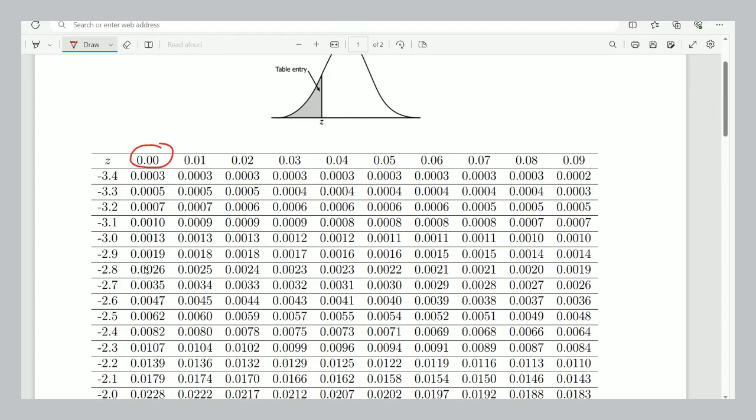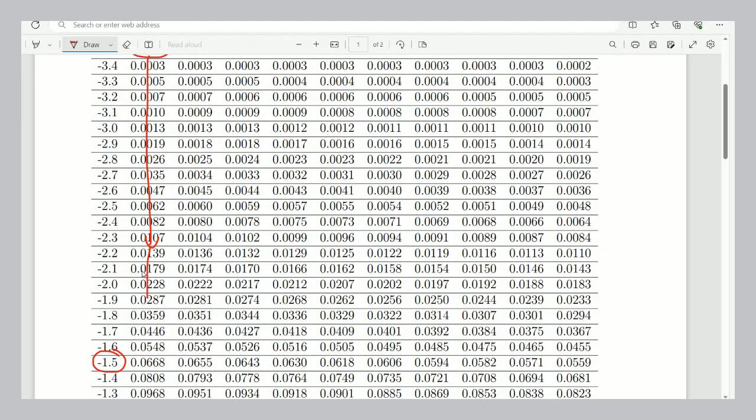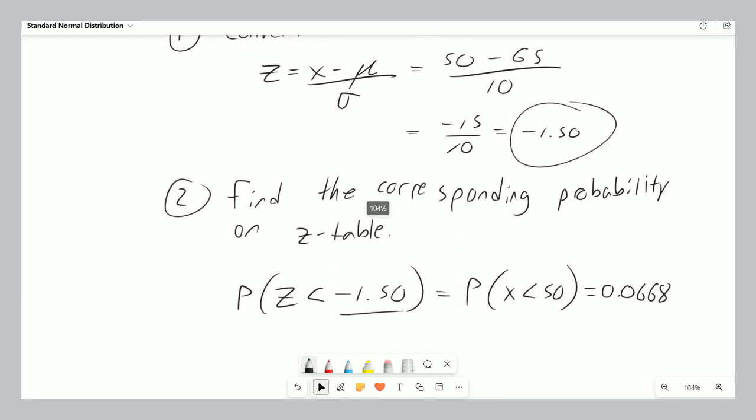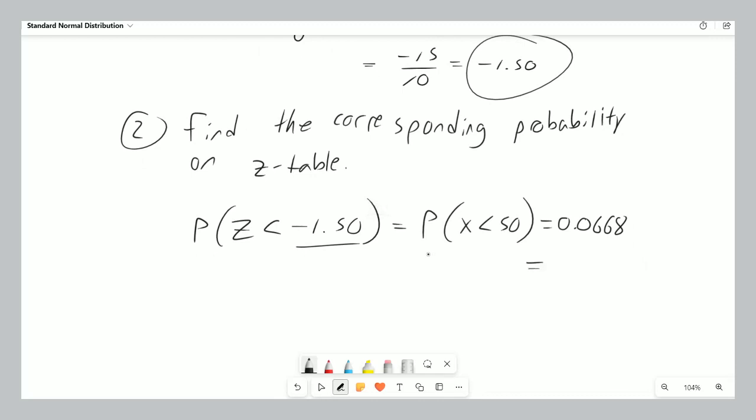And then we match up the row and the column, and we get the value 0.0668. If we want that in percent form, that's 6.68%. That's just multiplying it by 100.